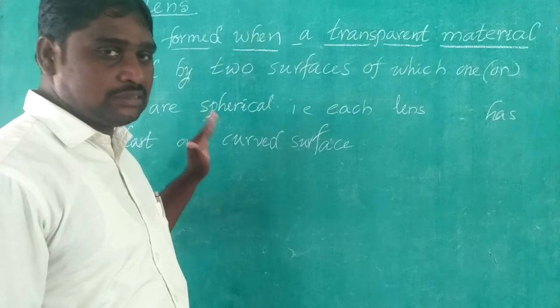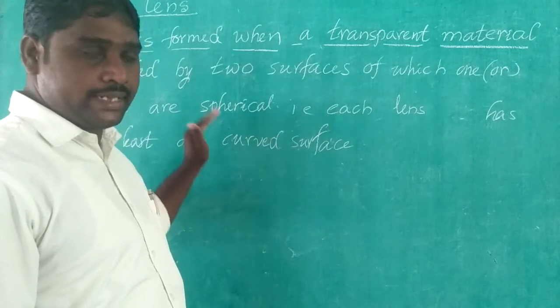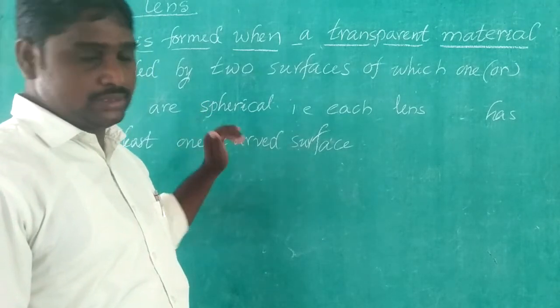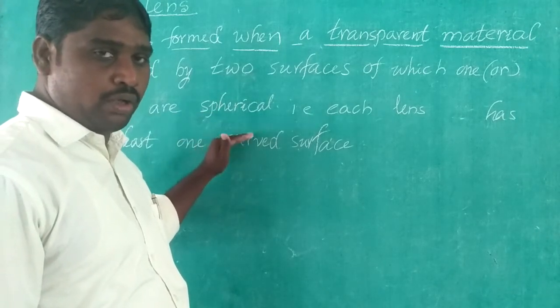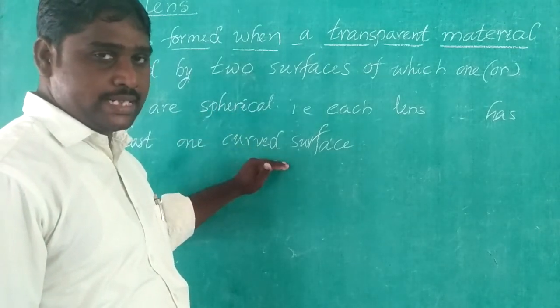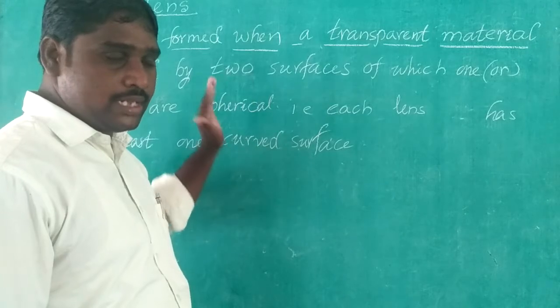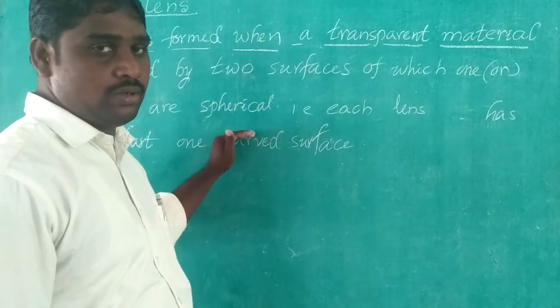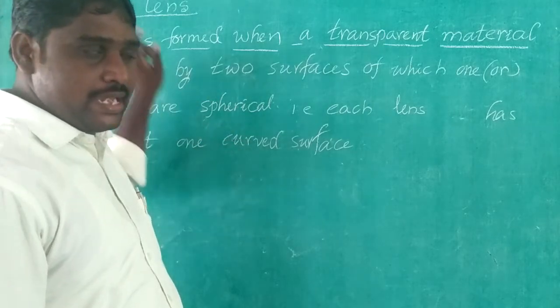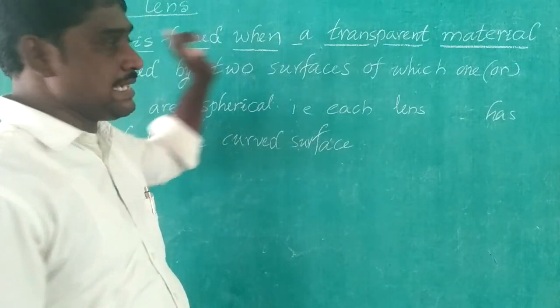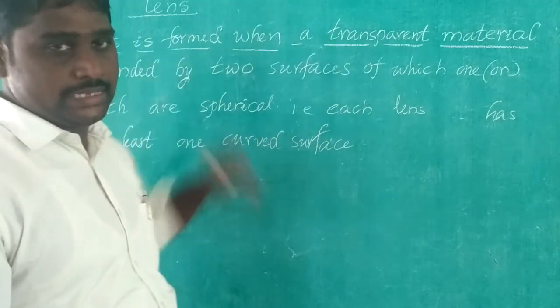Once again, the materials which allow light through them are called transparent materials. So here the lens is a transparent material.